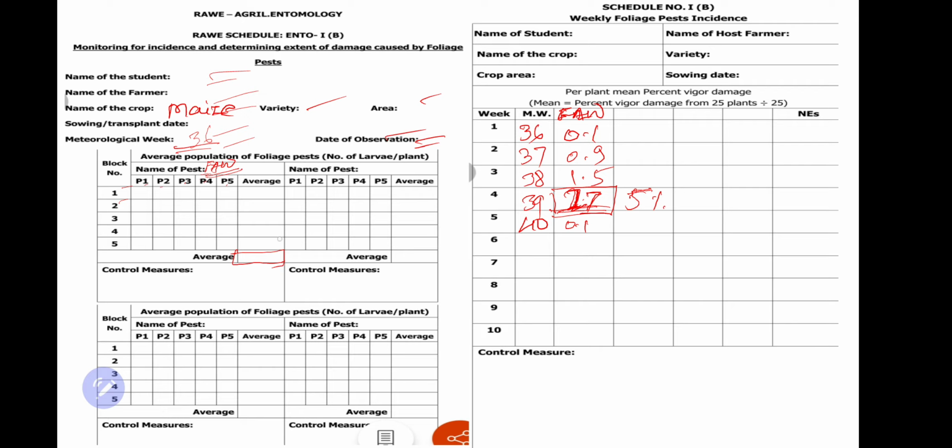So similarly make 5 sheets of first B again for 5 weeks, an average sheet and a graph. So in total, for each of the schedules first A, B, C, there will be 7 pages in each.